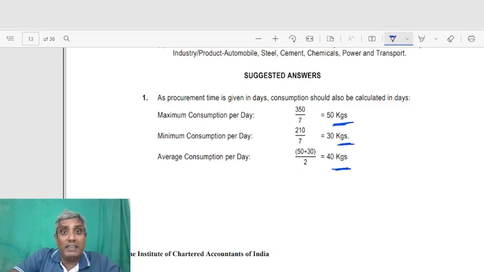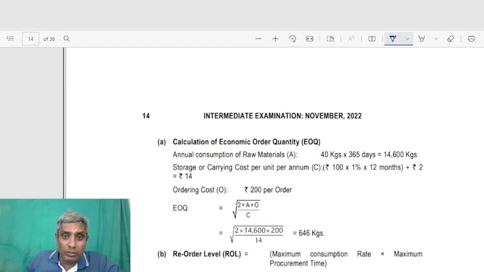Whenever it is not given directly, with the base of normal consumption or average consumption only, we will calculate the annual demand. So annual demand is calculated as 40 kgs into 365, which is 14,600 kgs. Suppose if we had calculated per week, there would be some decimals. That way is also correct, but this way is somewhat more easily doable.